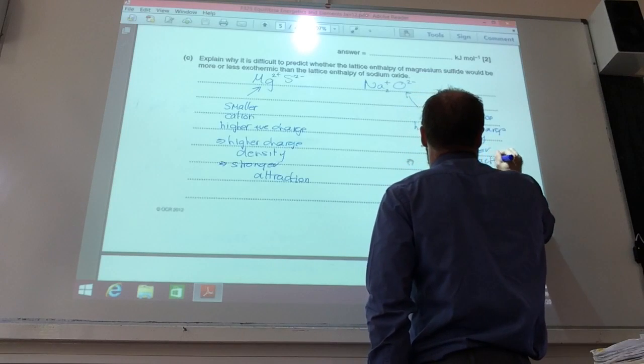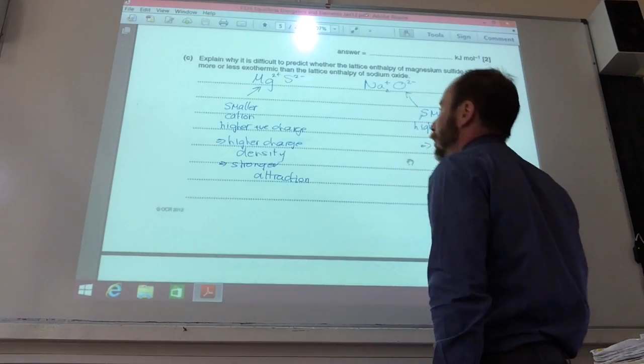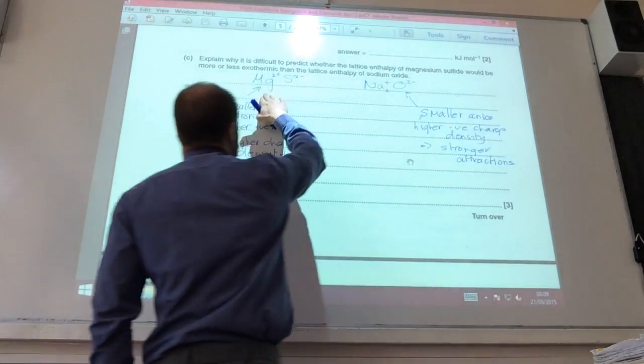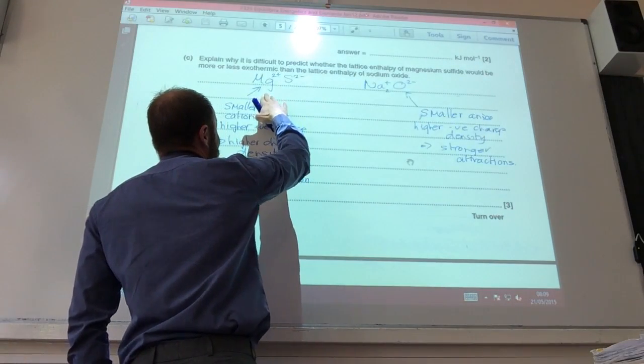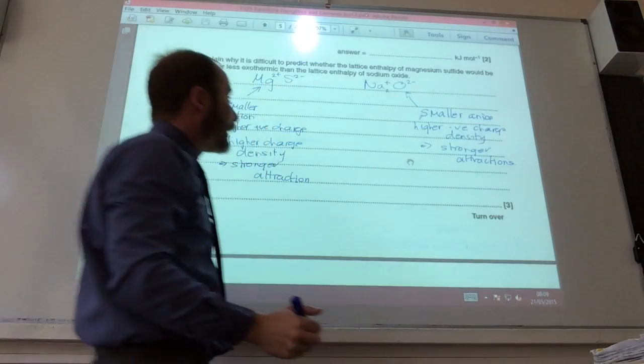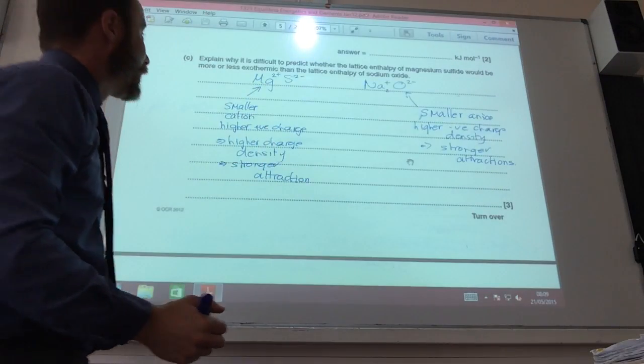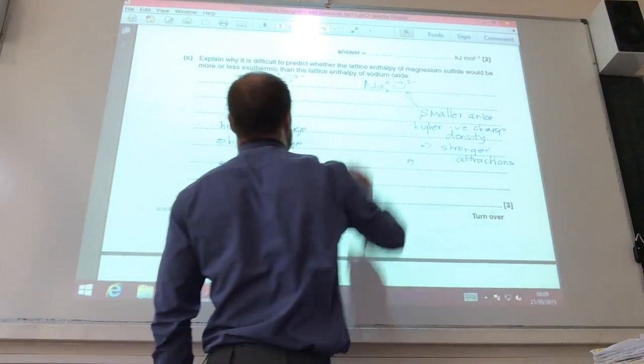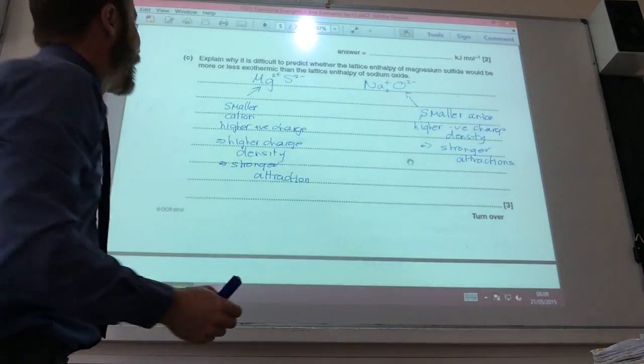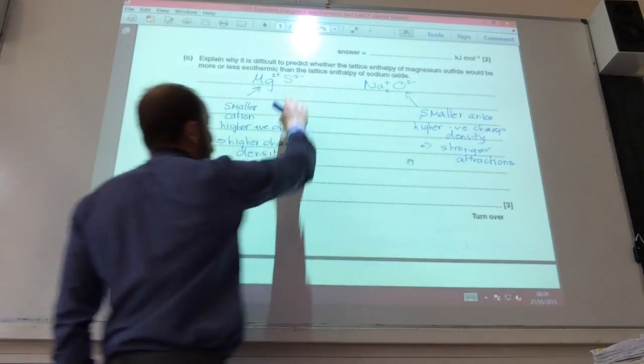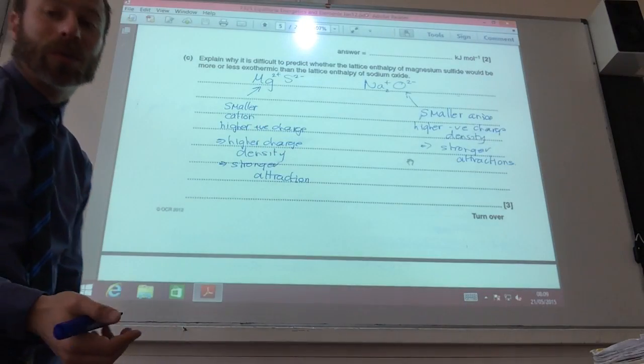So you don't know which one's going to be more important, because magnesium is a stronger cation in terms of forming ionic bonds, sodium is a stronger ion in terms of forming ionic bonds. If you put those together, it would be happy days. However, they are bonded to the 2 of the weaker ones, so you don't know which ones are most important.